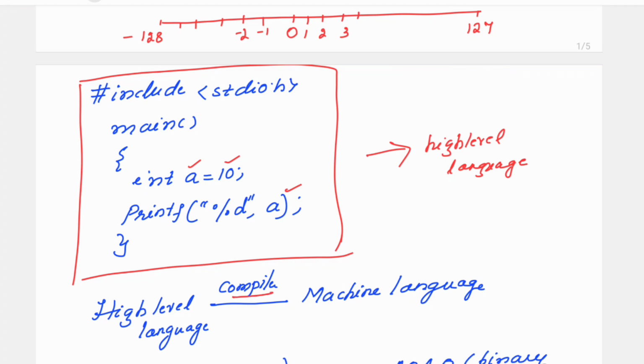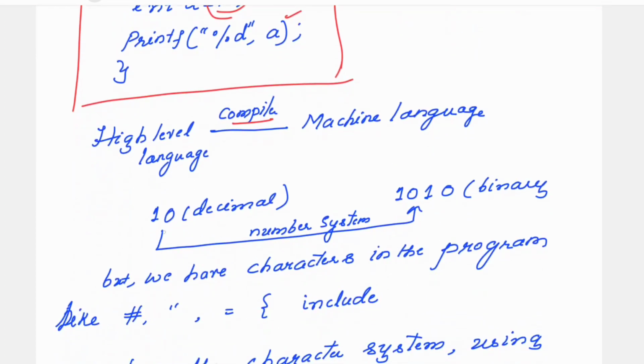Now when we say that the character data type gets stored, the representation for each of the values is also in binary form, so how is it possible? In this program you have the integer 10. Using the number system, converting the decimal number into a binary number, you write 10 as 1010.